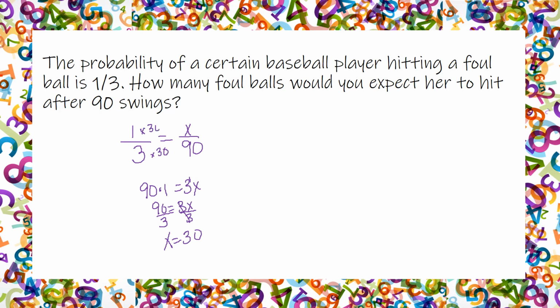So I'd multiply the top by 30 as well and get that 1 times 30 is 30. You could also say 1/3 times 90. 1/3 times 90 is also 30. So out of 90 swings, we would expect 30 fouls.